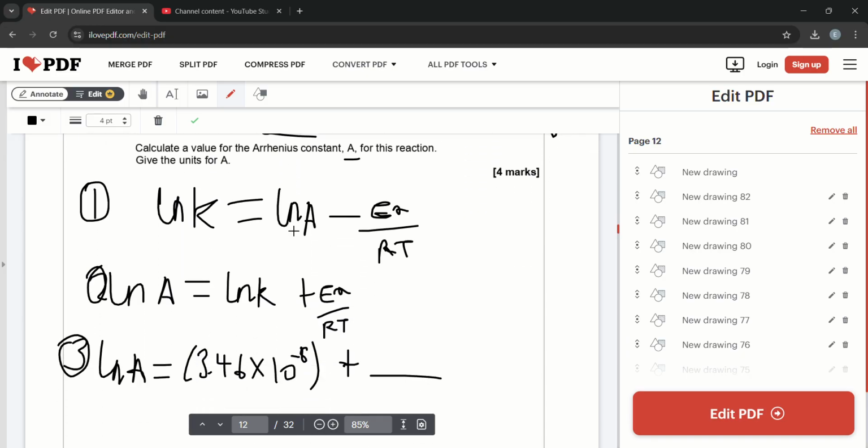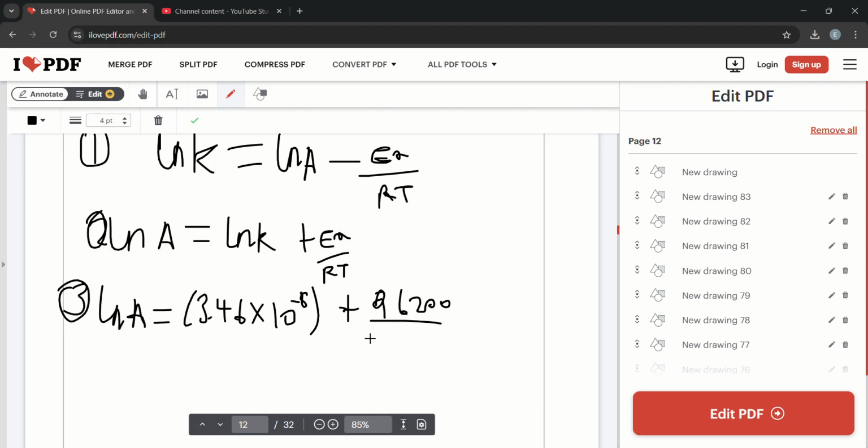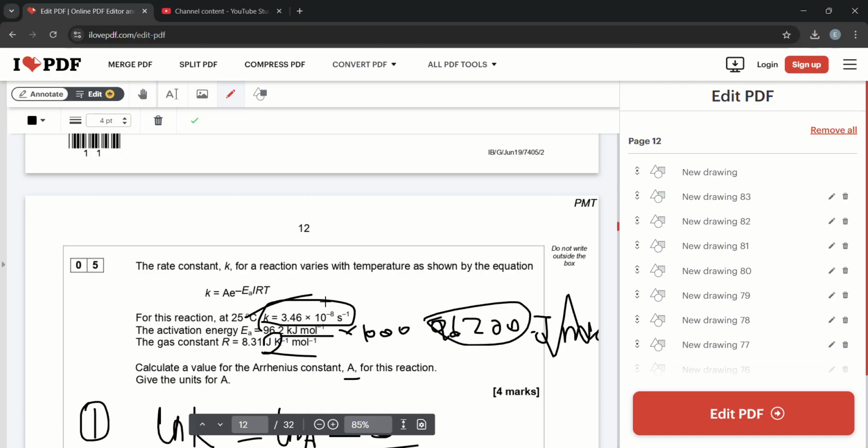Once we do that, we get 96,200 over R, which is 8.31 joules, times the temperature, which we need in Kelvin. So if it's 25 degrees Celsius, we need to add 273, which will give us 298 Kelvin.